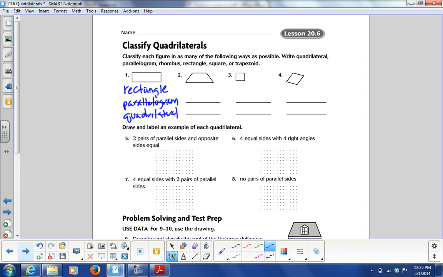Number 2 is a trapezoid, and a trapezoid is all by itself. It is only a quadrilateral. You can figure 3 and 4 out on your own.